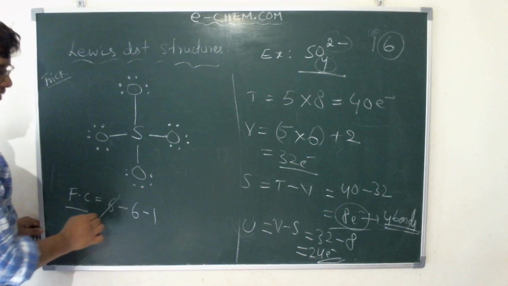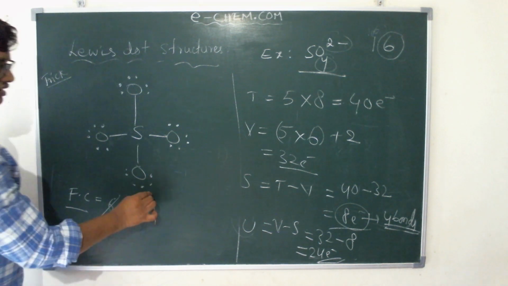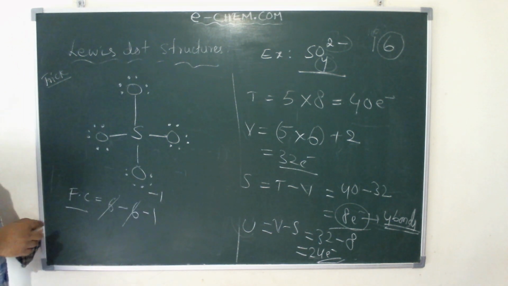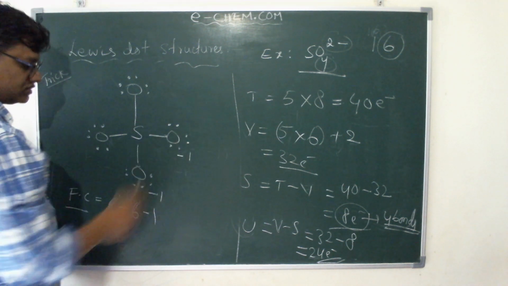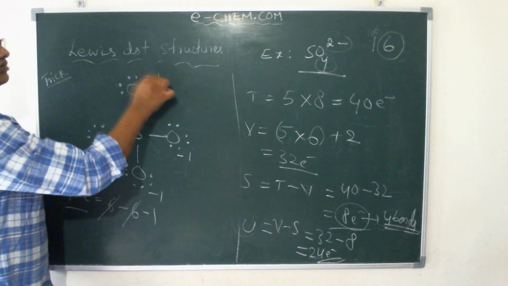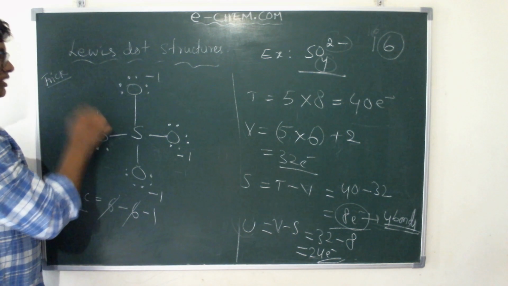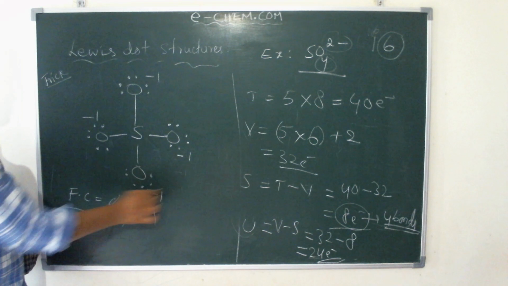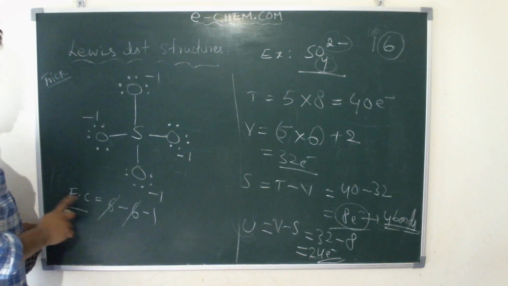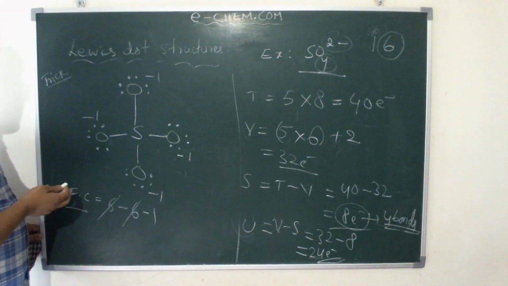So 6 minus 6 plus 6 minus 1 gives -1. This oxygen is carrying a -1 charge, and this oxygen also gets a -1 charge. Same calculation, -1 charge. Clear? So the total negative charge in this molecule, according to formal charge, we got -4.